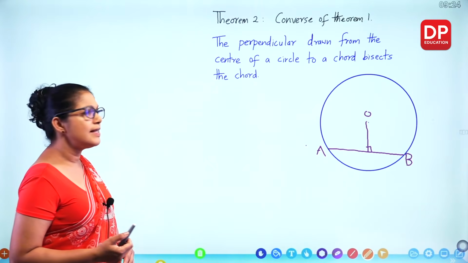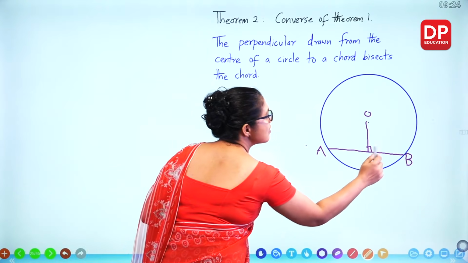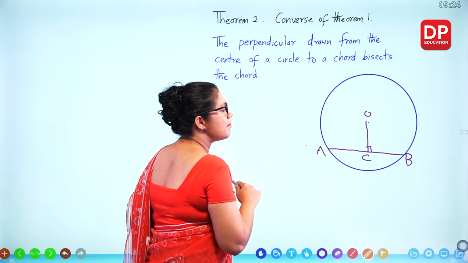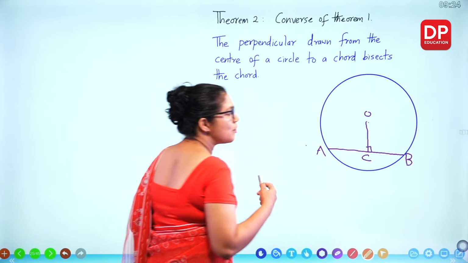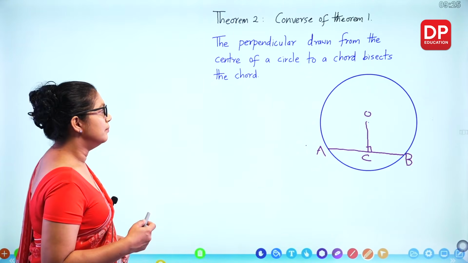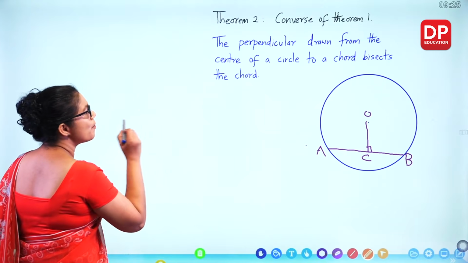Bisect the chord means, if C is the midpoint, AC should be equal to CB. Now we'll try to prove that.